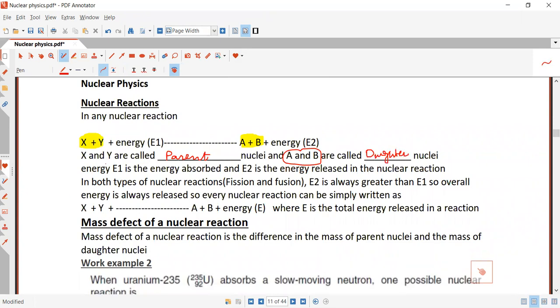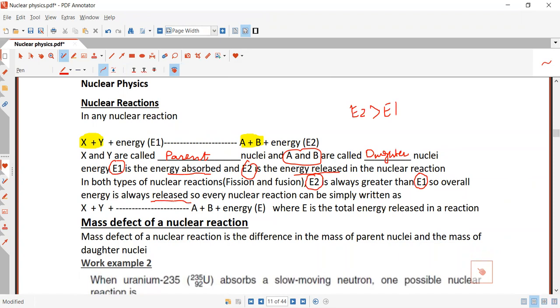Okay, E1 is the energy absorbed and E2 is the energy released in the nuclear reaction. In both types of nuclear reaction, fission and fusion, E2 is always greater than E1. So you must remember that E2 is always greater than E1. So the overall reaction is always energy released.